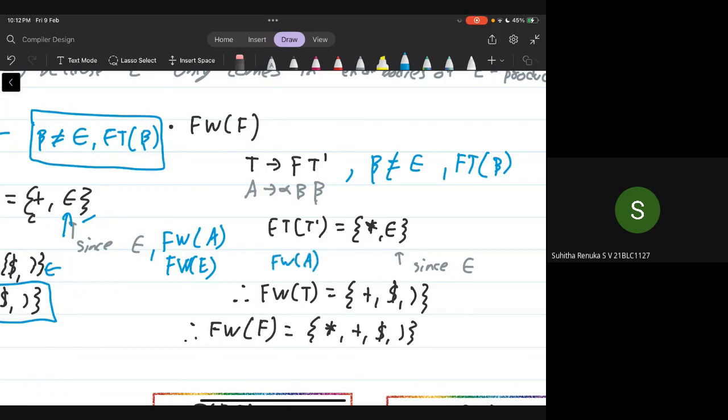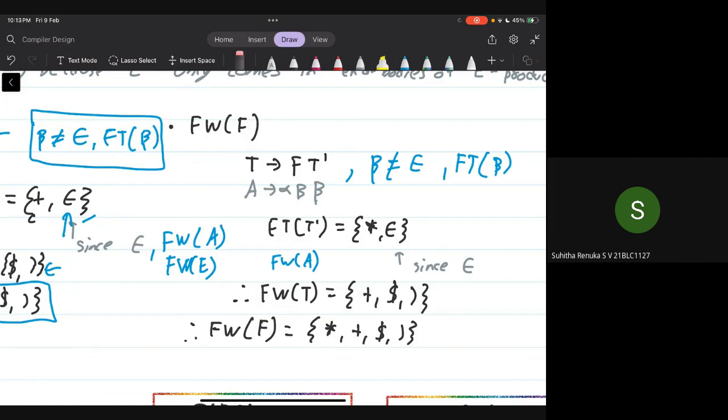Just a minute. Since beta is not equal to epsilon, you take first of beta, which is equal to first of T dash. And what was first of T dash? Star and epsilon. Since there's epsilon, what do you do?